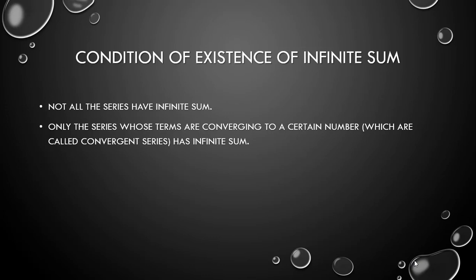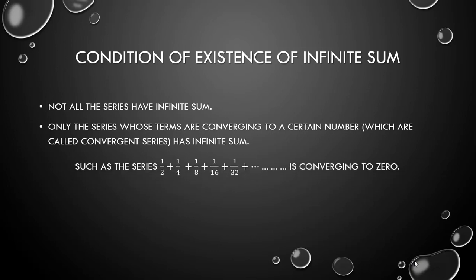It is like approaching a fixed number, such as the series 1/2 + 1/4 + 1/8 + 1/16 + 1/32, which is converging to 0. How can I understand that the series is converging to 0?